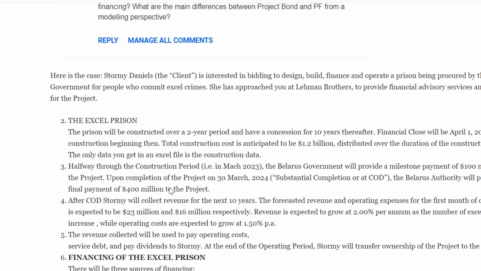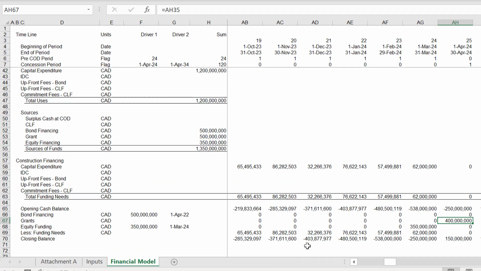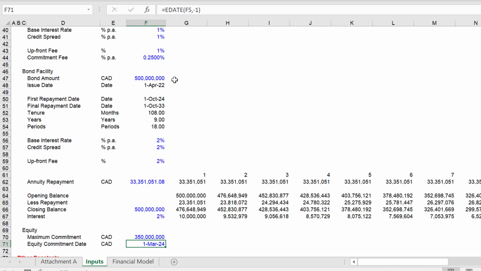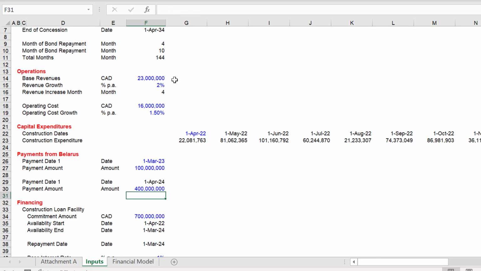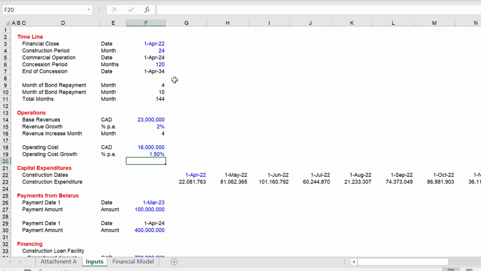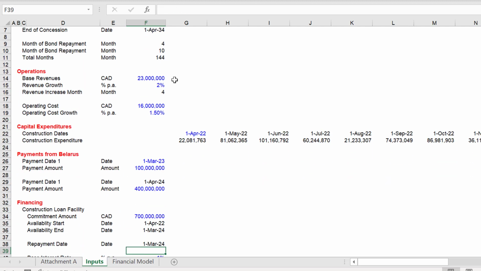You know, we've got a little bit of a problem because I think we better put this grant in. It's a little bit unclear, and this would just make so much more sense if this payment for our friends in Belarus was the E-date minus 1 month.